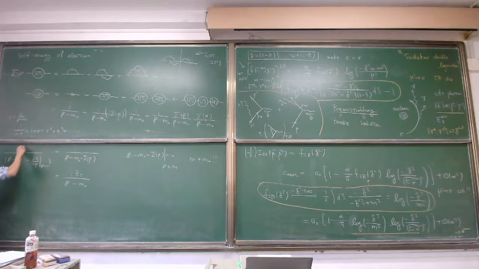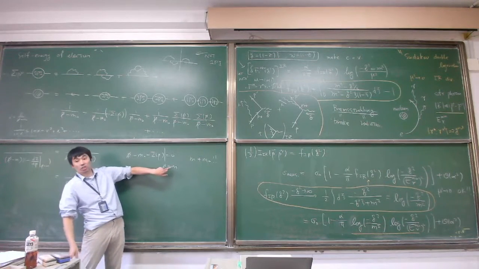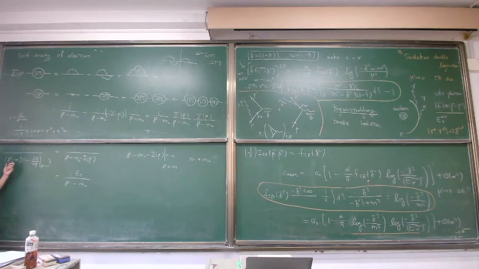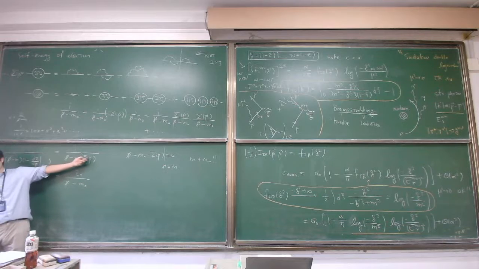So here, we know the position of the pole is actually p slash equal to m, not m0. And if you take the Taylor expansion, the next order is the derivative of sigma. Okay? 1 minus sigma.